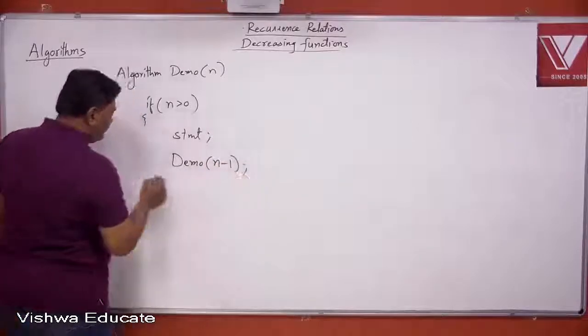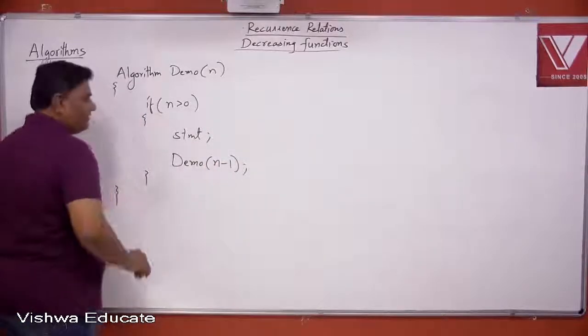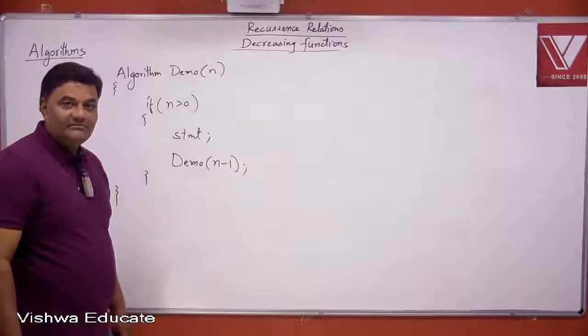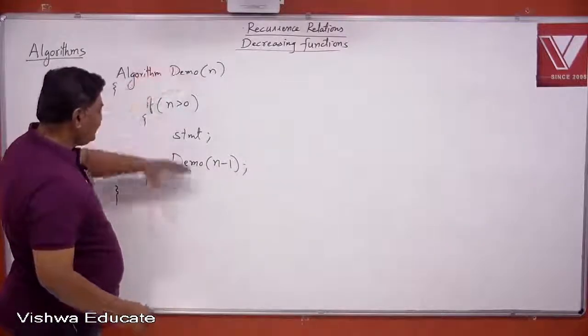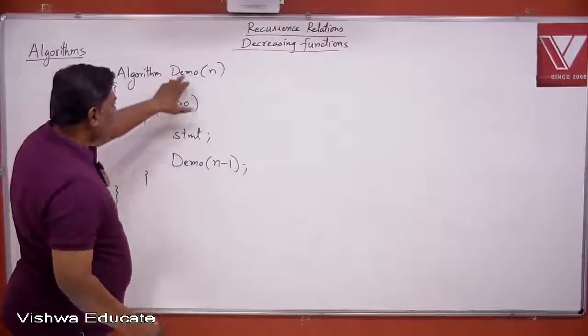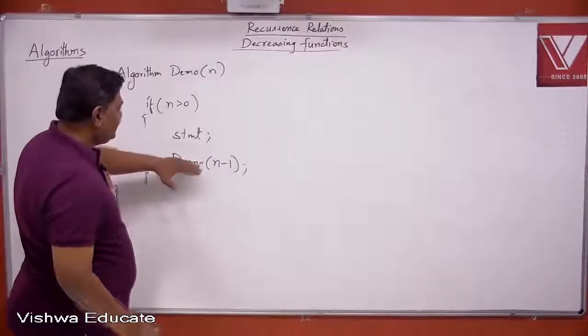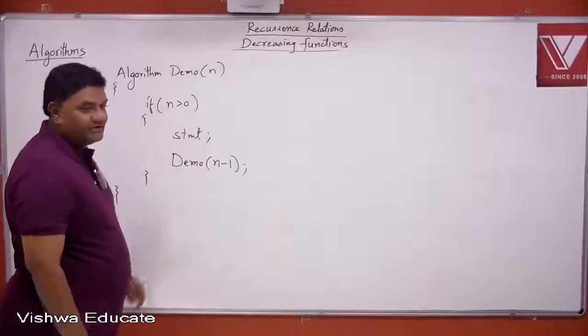How do we find the time complexity of this? This is recursive. When we call demo n, it again calls itself with demo n minus 1.